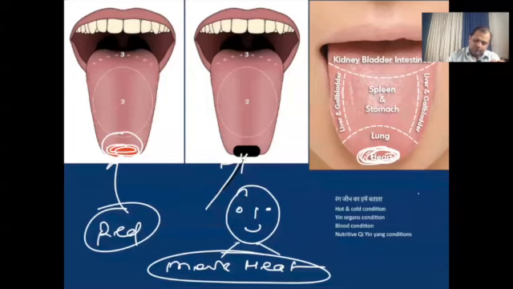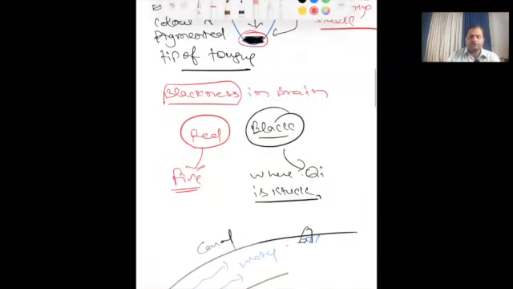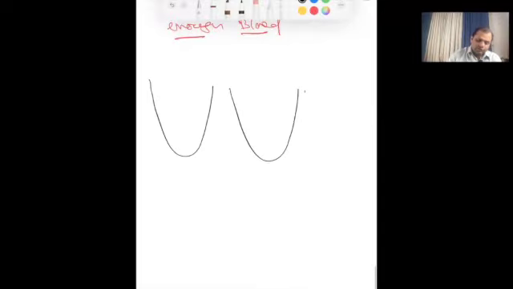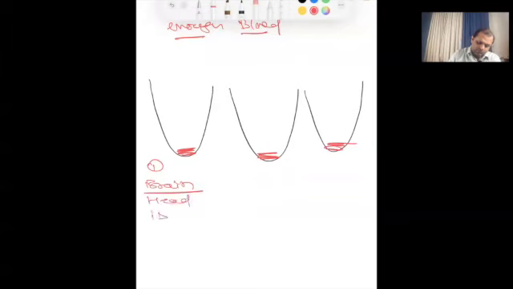Now I will give you the example of a few of my patients. I have seen the red tip of the tongue in many patients. If the tip of the tongue is red, what can we declare? Number one, we can declare the brain, or the head, is having more heat.